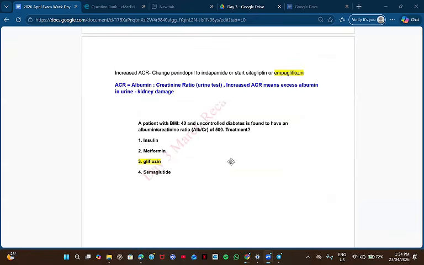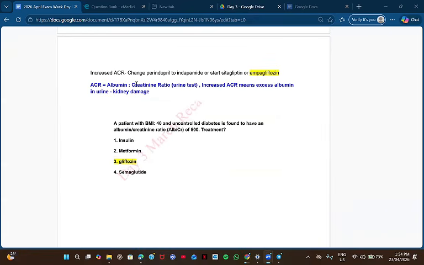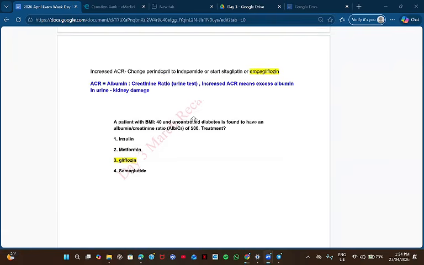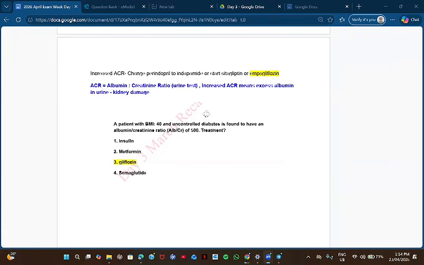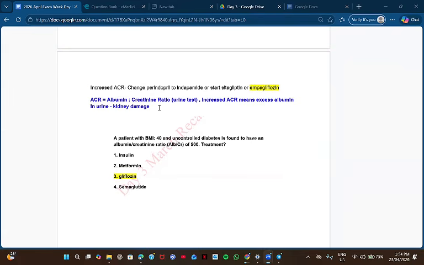Okay, next one. Increased ACR, albumin creatinine ratio: change perindopril to indapamide, or start sitagliptin or empagliflozin. So what does it mean if ACR is increased, doctors?